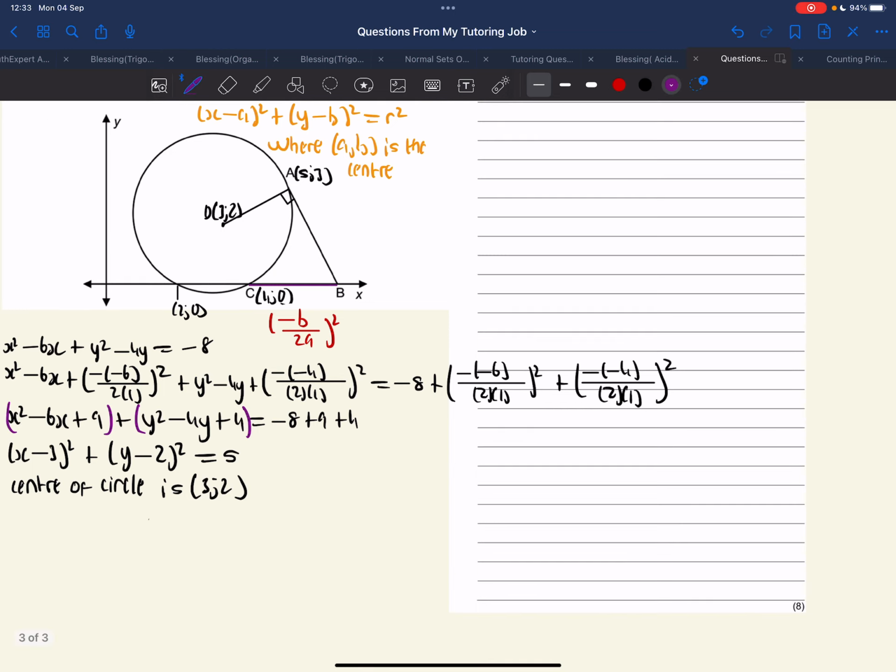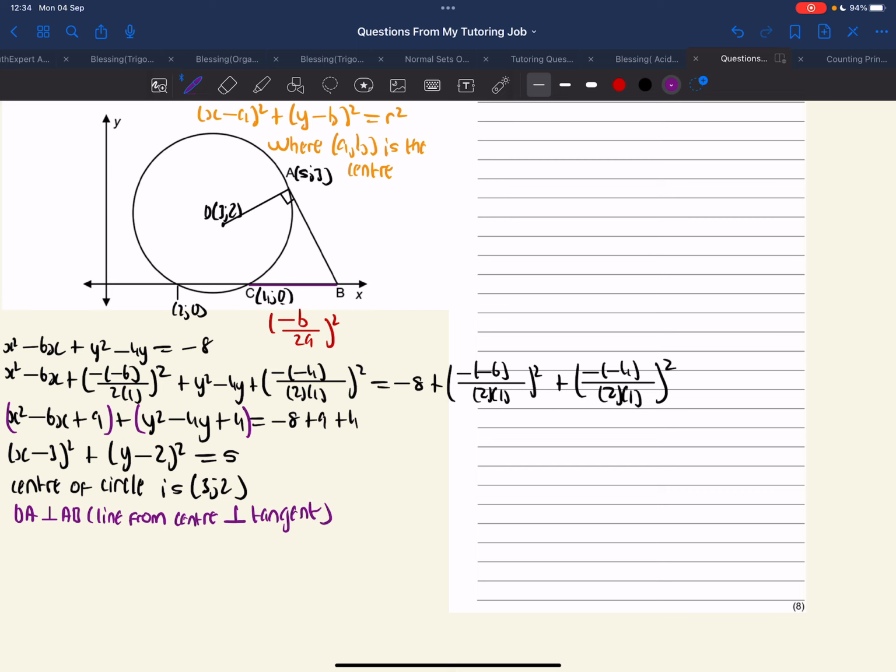So I'm going to say DA is perpendicular to AB, because it's a line from the center perpendicular to the tangent.